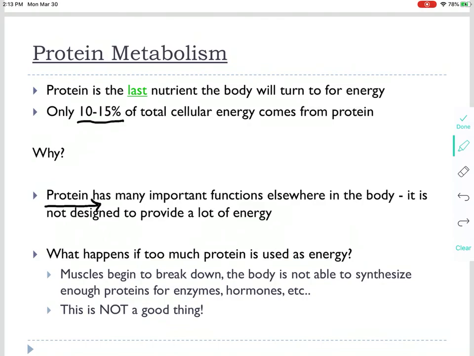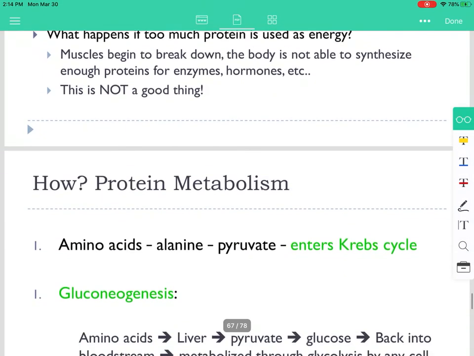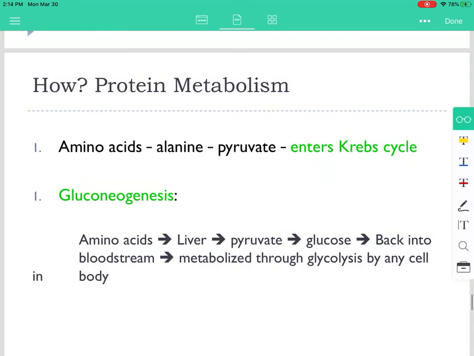All the enzymes, all of them, well, most of them, made up of proteins. Hormones, many of them, made up of proteins. Neurotransmitters, antibodies, and the list goes on and on. If we have to burn too much protein for energy, it means that we're taking away some of the benefits that protein can do with its other jobs.